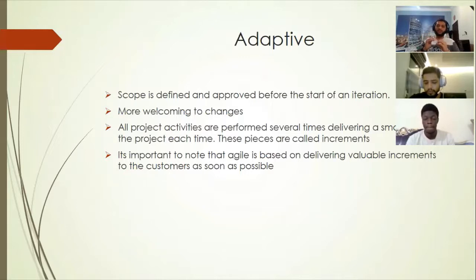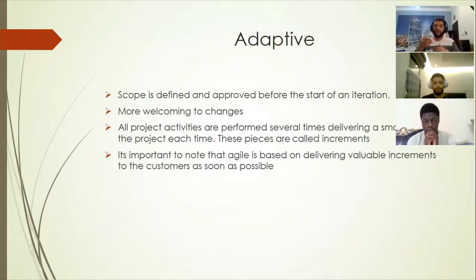And after each piece, you will get back feedback from the customer or the stakeholder. Then we will deliver another piece. All these pieces are called increments. And in this approach, the changes are welcomed.